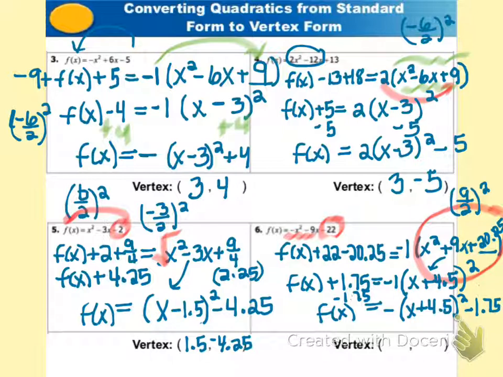And my vertex, although not pretty, is negative 4.5 and negative 1.75. And you've seen vertexes when we did the standard form ones that sometimes turned out to be decimals. I remember one on our assignment the other day was like 1.5 and 8.25 or something. And so that happens. That certainly happens.